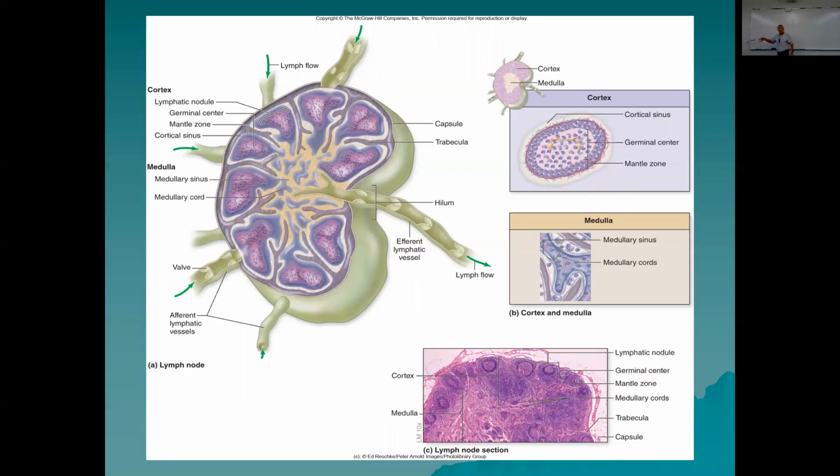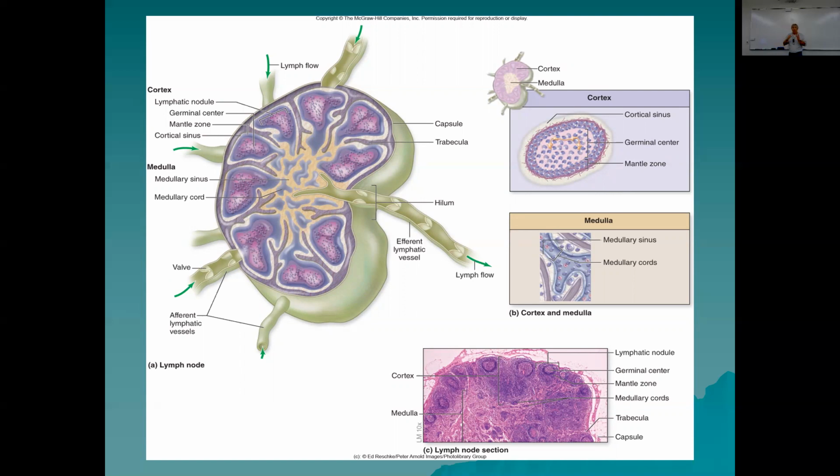Here's a lymph node. We have a cortex and a medulla to lymph nodes also. You can see several vessels entering the lymph node, and lymphatic vessels have valves in them, like veins. They're a very low pressure system.